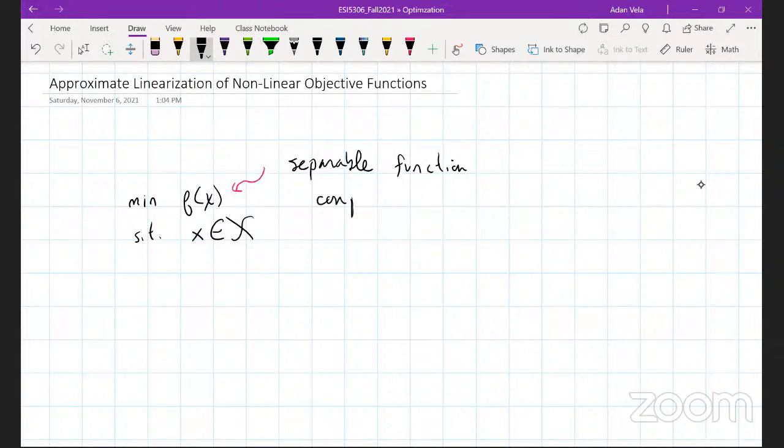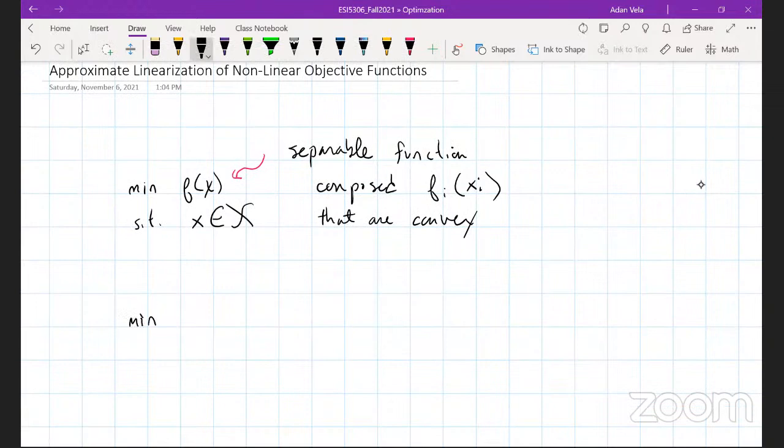composed of, let's say, fi of xi that are convex. And so what do we mean by that?